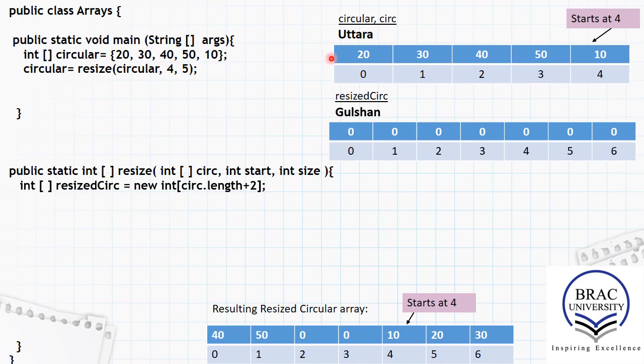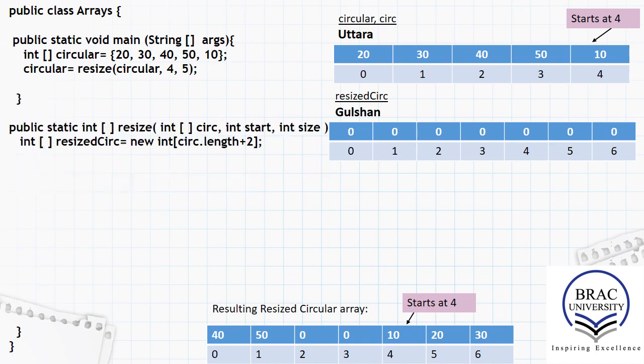So this is where I will be copying the values, and it should end up looking like this. Now let's try to think about the loop. Inside the loop, I will be copying the values from the array Uttara stored in the variable circ to the array named resized circ, where the reference is Gulshan.